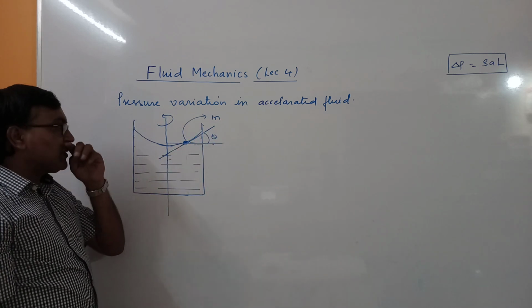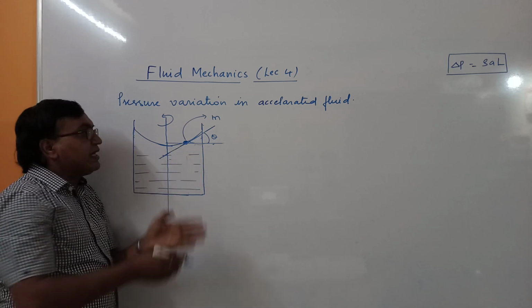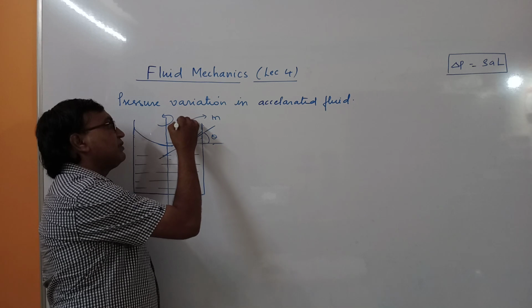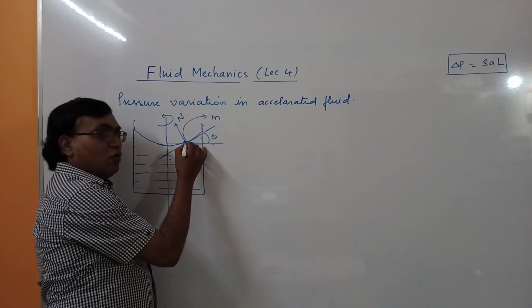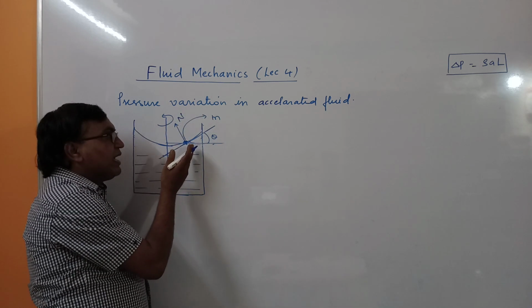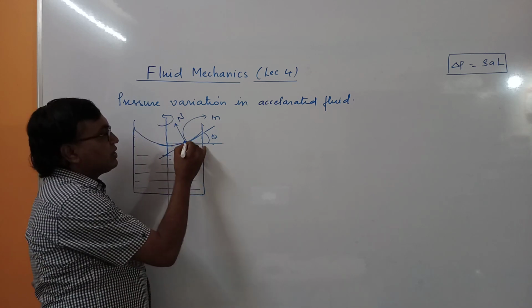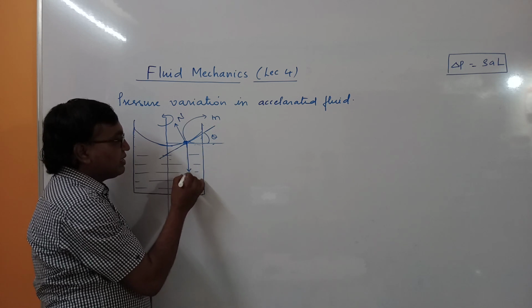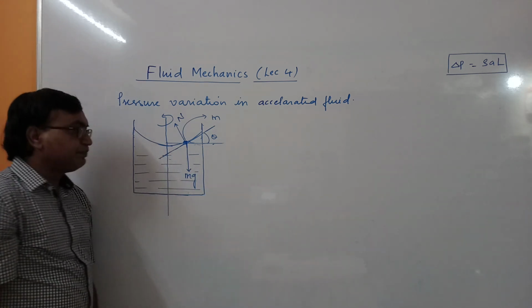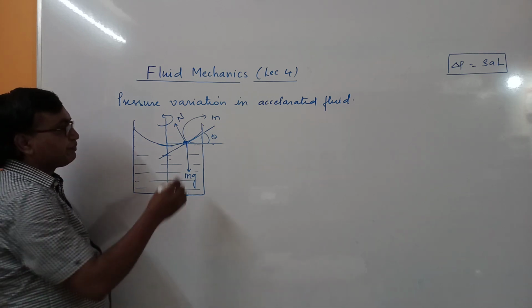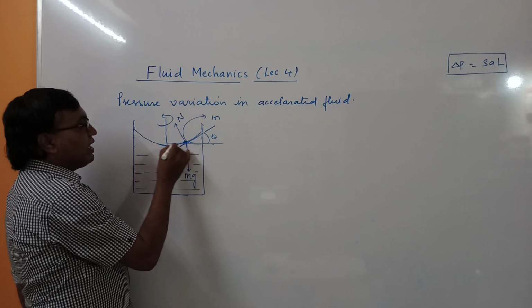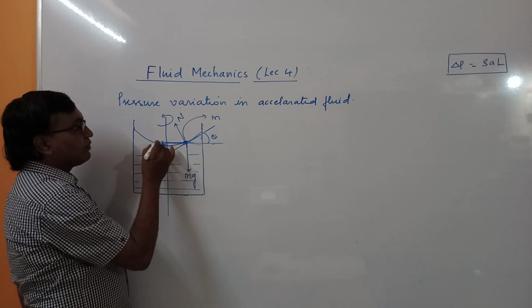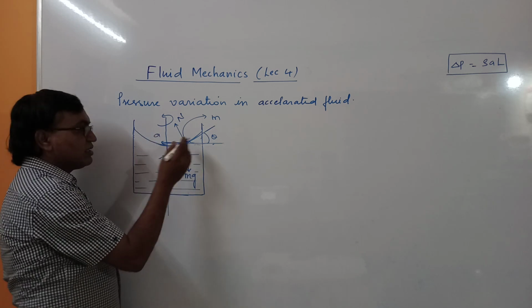Now the forces on this fluid particle: one force will be a normal reaction from the lower part of the fluid. Similarly, there is another force along this direction, that is mg, the weight of the fluid. It is accelerating in this direction, so there will be an acceleration along this direction.